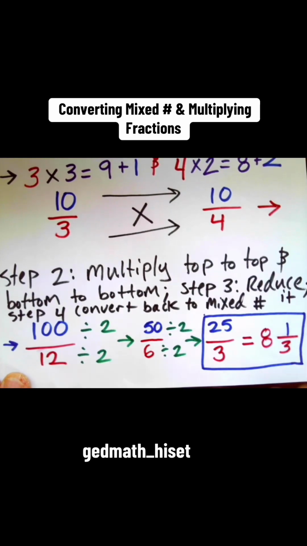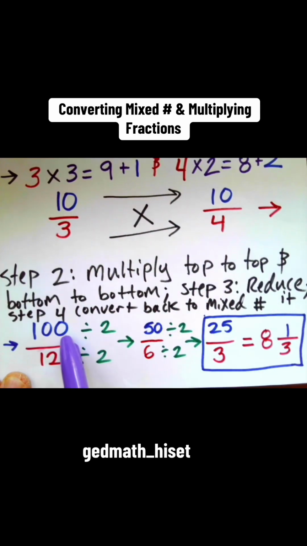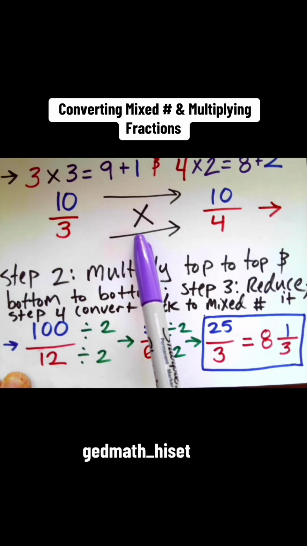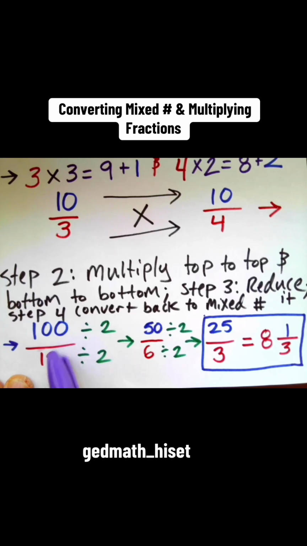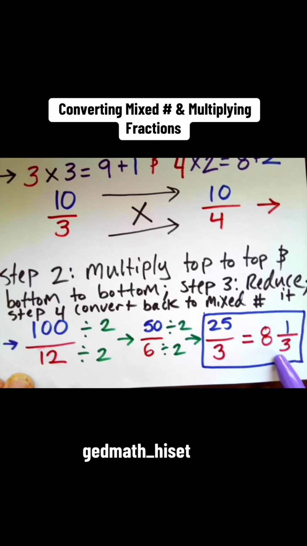And so here you can see 10 times 10 is 100. 3 times 4 is 12. Now, you can convert this back to a mixed number now, but I would strongly suggest you reduce these fractions prior to taking the improper fraction and converting it into a mixed number.